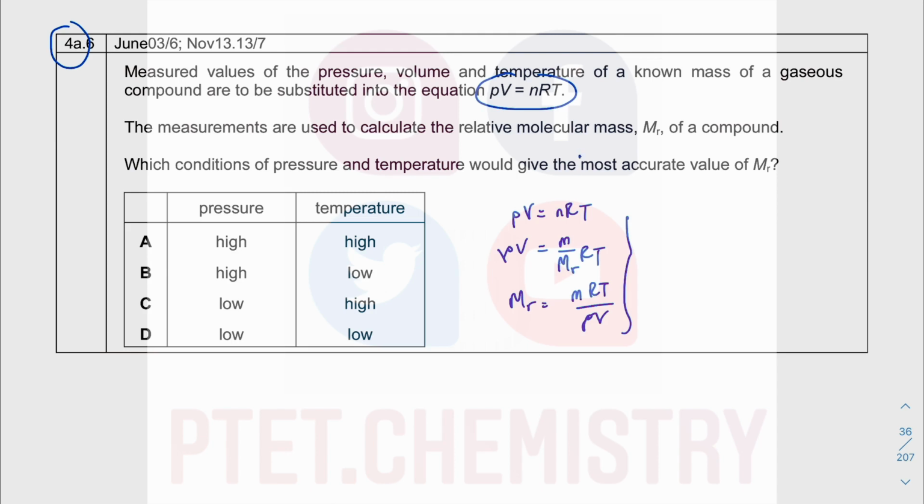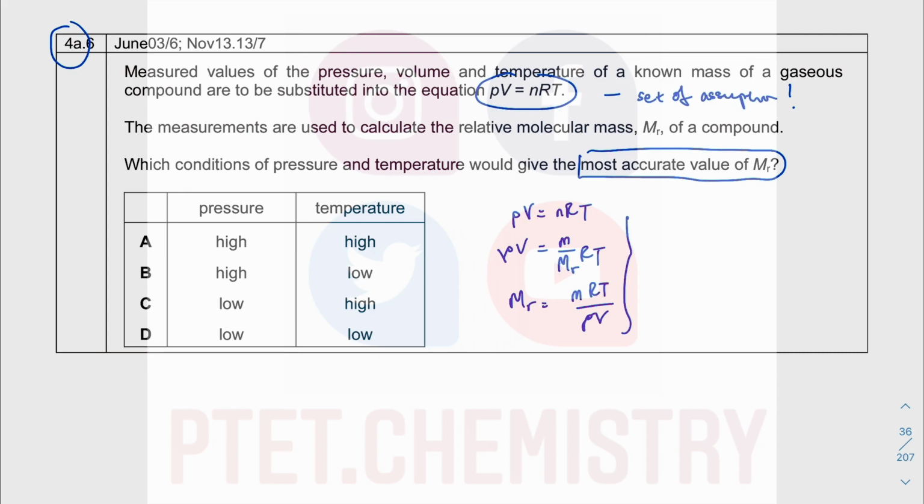But it's saying the most accurate value of Mr, okay? The ideal gas equation has a series of assumptions. The most important assumption in the ideal gas equation is that you have negligible intermolecular forces.